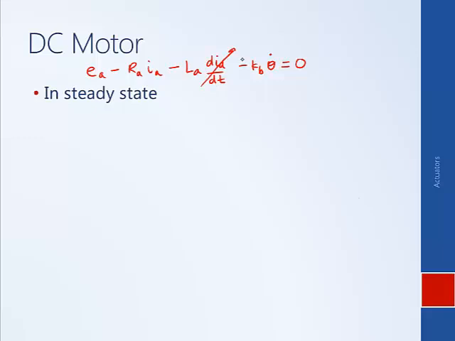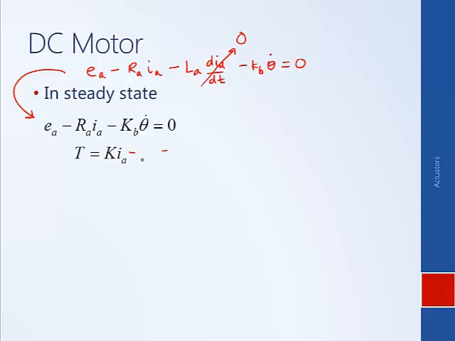Well, basically, since the current isn't changing anymore, the current through the circuit is constant, its time derivative is 0. And so this differential equation becomes the following. The relationship for motor torque is still equal to the motor torque constant times the armature current.